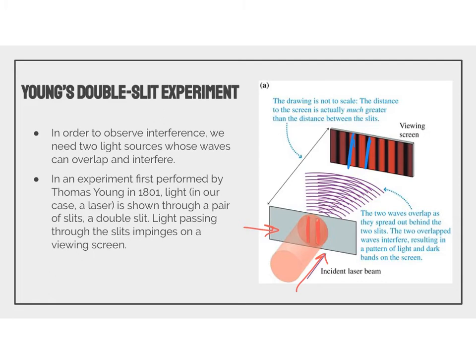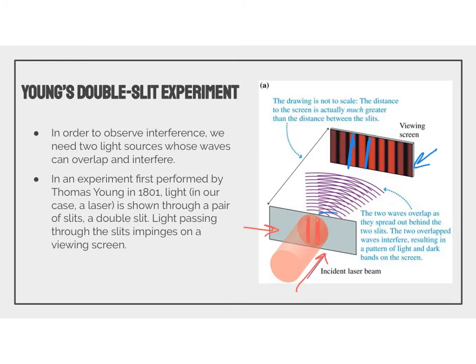However, when Thomas Young did this experiment, and this is what helped him prove that light acted like a wave, we see not two straight lines, but an interesting pattern on the viewing screen. And the reason is the same concepts that we talked about last unit.